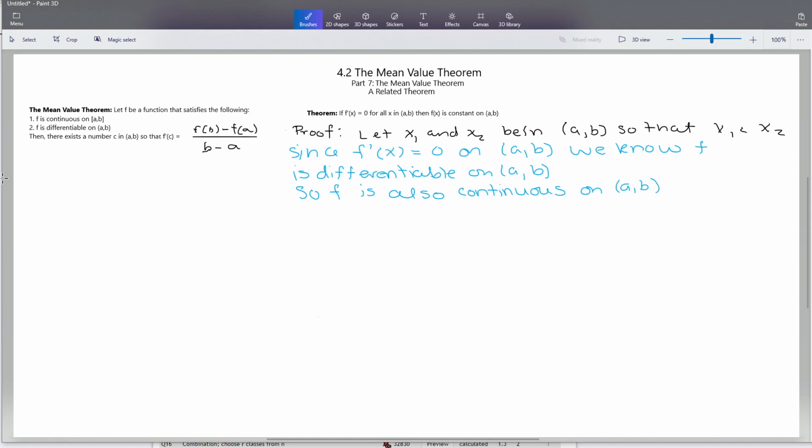So what we need to do is talk about the interval x1, x2. This interval is in the interior of the open interval AB.